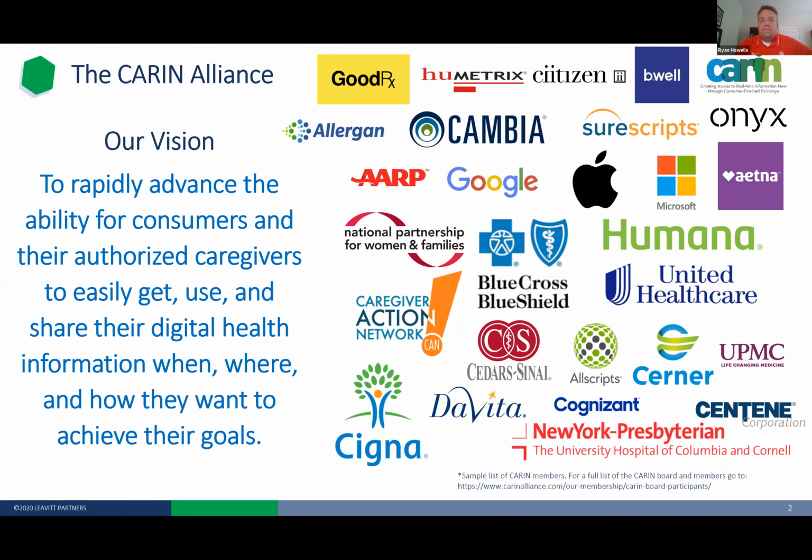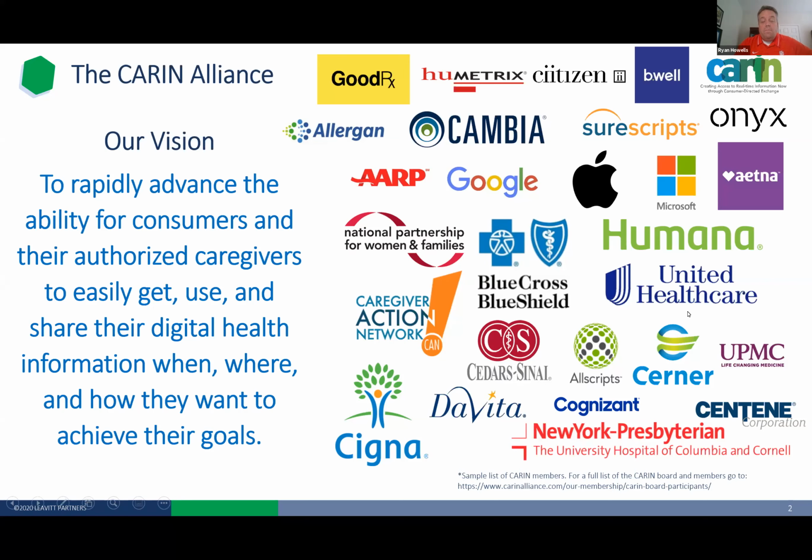What's unique about us is that we focus both on the technology side as well as the policy side, in helping to really break down all the policy, operational, and technology barriers associated with how to actually make this happen and how to scale this across the country. And so our desire is to find ways to make that happen. We've got about 75 organizations participating in CARIN today. And it's a great public-private partnership, finding ways to make that happen at scale.